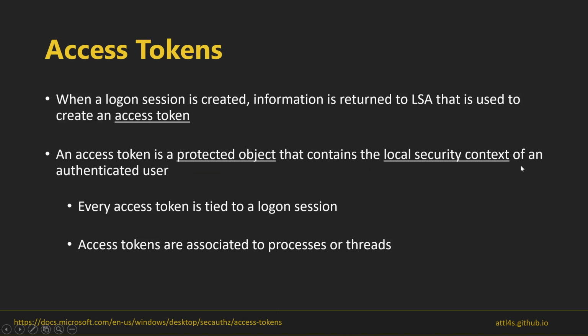So a token is a protected object that represents the local security context of an authenticated user. Every token is going to be tied to a Logon session through the Logon session ID. And also, access tokens are associated to processes and threads.